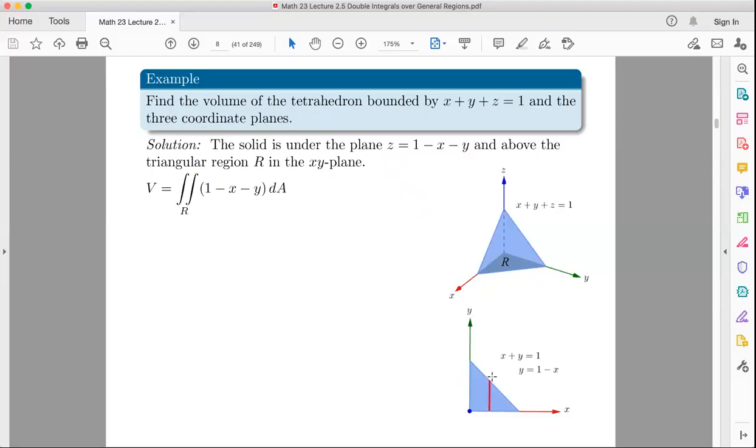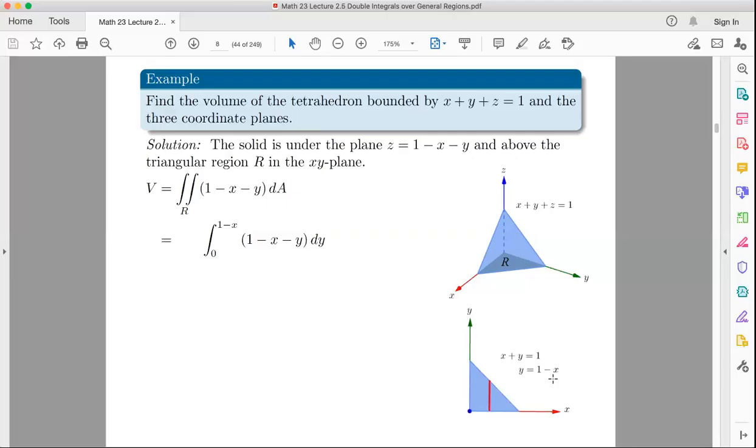And so the volume is given by the double integral of 1 minus x minus y over the region R. And we can consider the inner integral. So your y is from the lower boundary of the vertical strip, that is y equals 0, up to the upper boundary of the vertical strip, that is y equals 1 minus x.